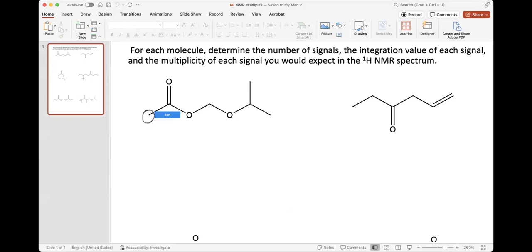So our signals are going to be, that would be 1. Let me do different colors. Let me try it this way. Yeah, here we go. So that would be 1.